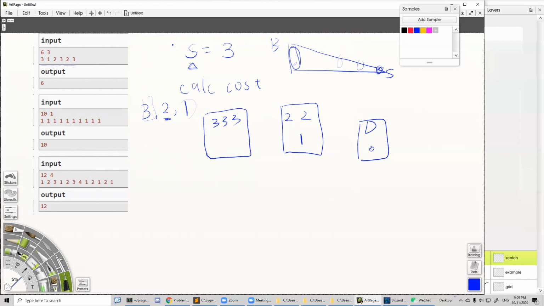So if we can push the smallest team into the bus, we must do that, because it's better to push the smallest team into the bus than just leave it outside, right? Because we want to make use of the empty space in this bus.